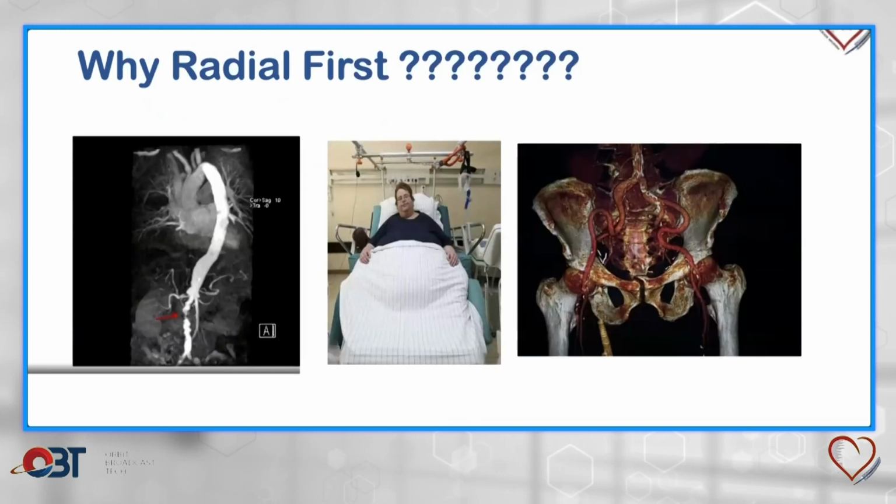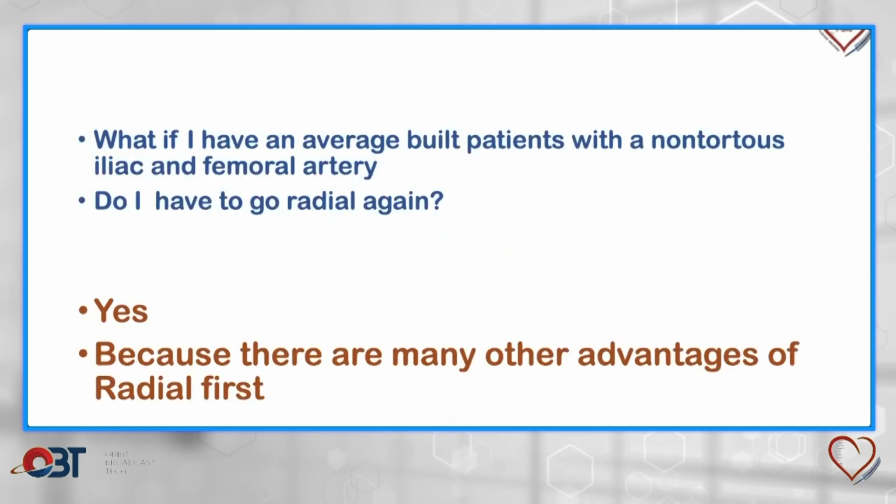We can come across such anatomy, and we can see the distal aorta is nasty looking, and we can come across an obese patient in the middle one, or we can come across a tortuous iliac and femoral. So in these cases, we have to switch to the radial.